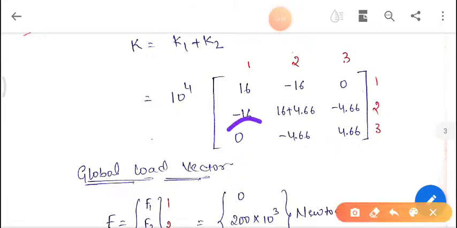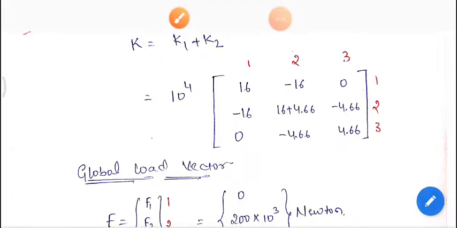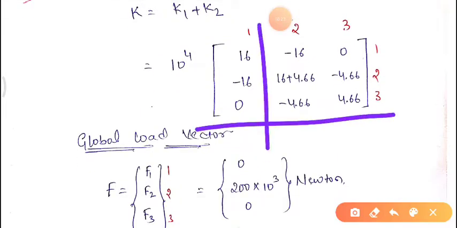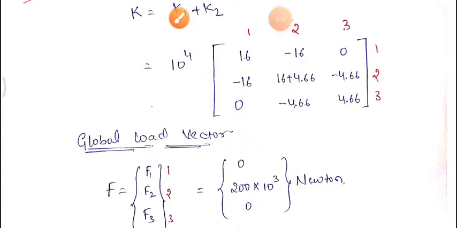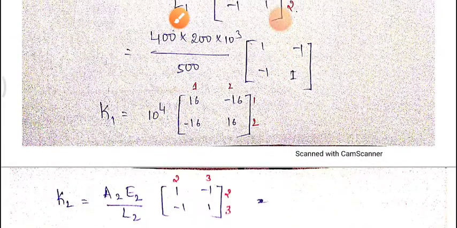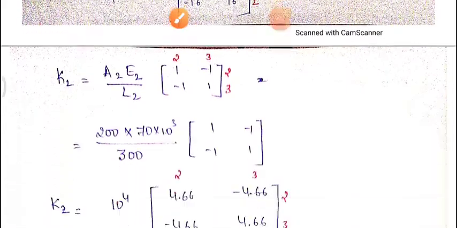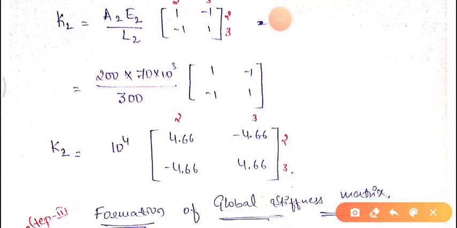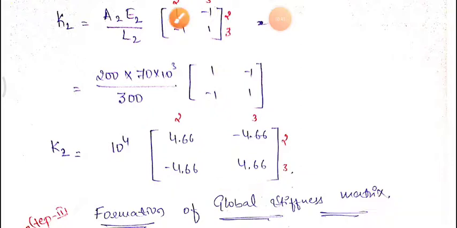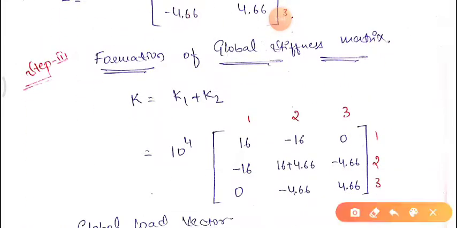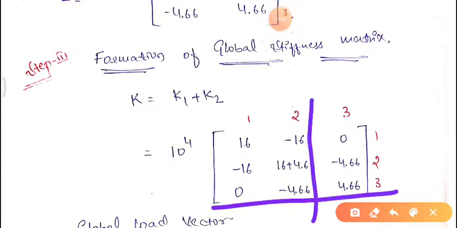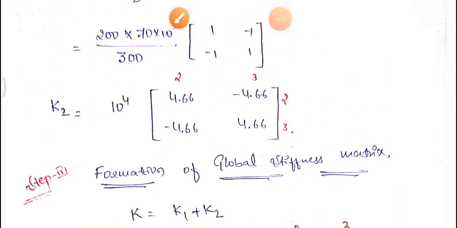Clear? I hope it is clear. Why is it 0? Because here you can see third row first column is 0, because in the first matrix we don't have any third row, so it is 0. In the second matrix we have third row, but we don't have first column, since it is 0. Next we need to see third row second column, that is nothing but minus 4.66. How has it come, we'll see now.